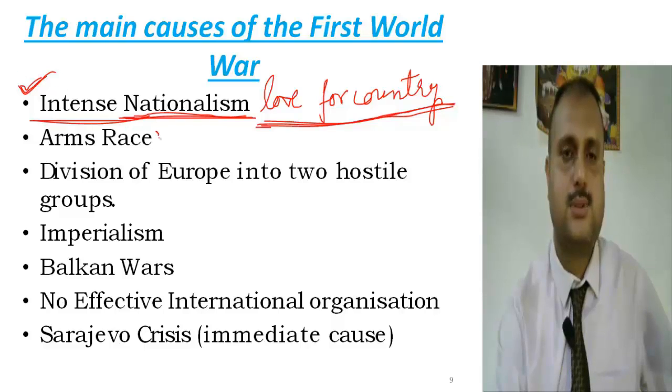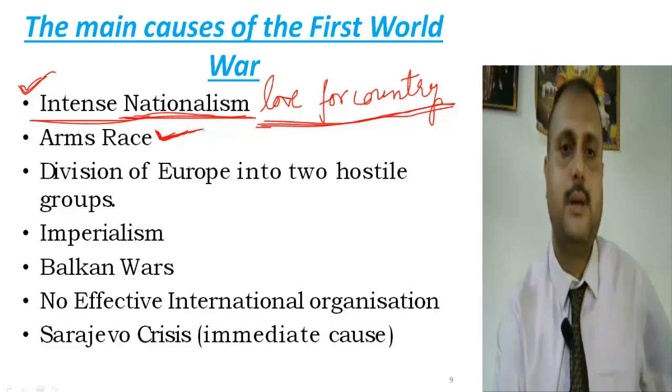First, the arms race. I hope you are clear about intense nationalism. Now we move to the arms race. Every country started preparing for the war. Every country was increasing its arms, arguing that it was for protection and security.